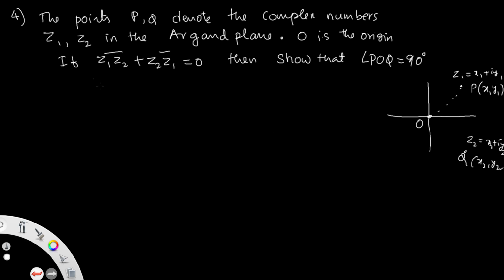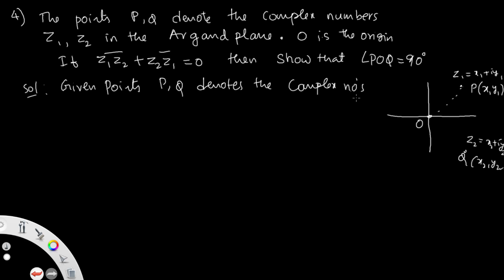First we write down what data is given. Solution: the given points P, Q denote the complex numbers Z1, Z2. Let Z1 equal x1 plus iy1, and Z2 equal x2 plus iy2.